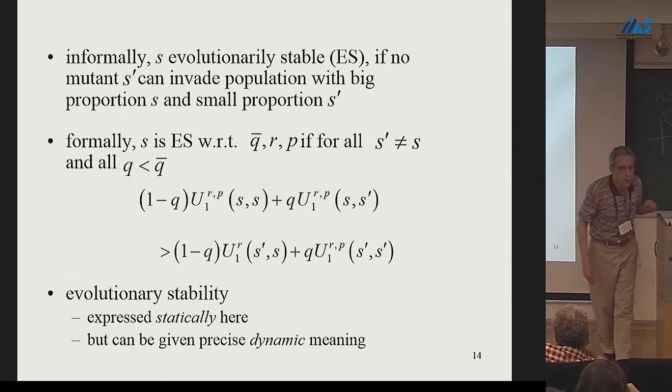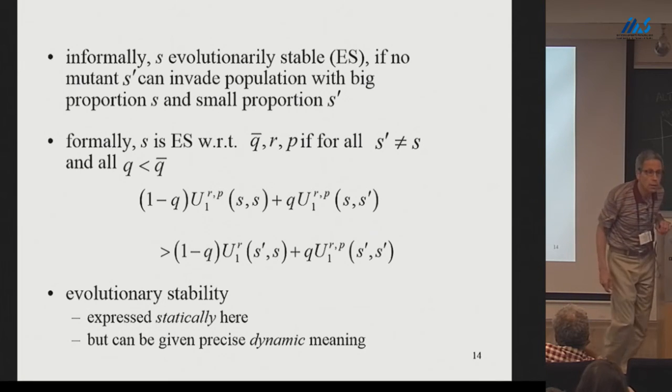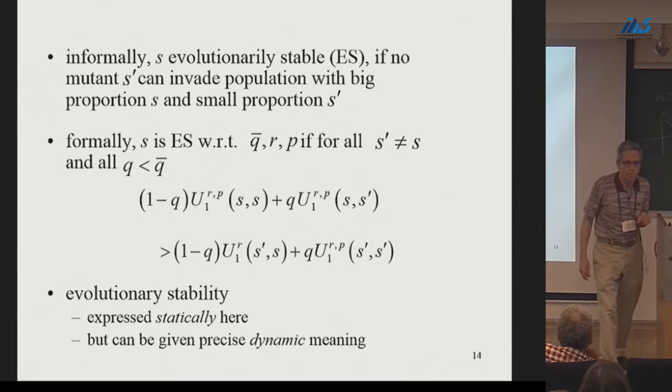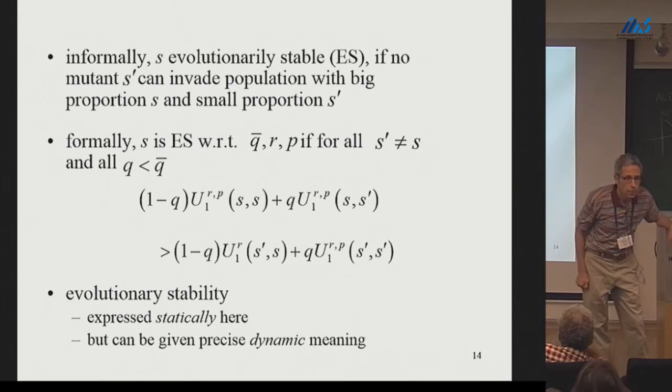Yes, but this S prime is for the small population, right? So my question is, you're restricting the set of possible strategies S prime can come from, or could it be any possible strategy? Any possible strategy, yeah.